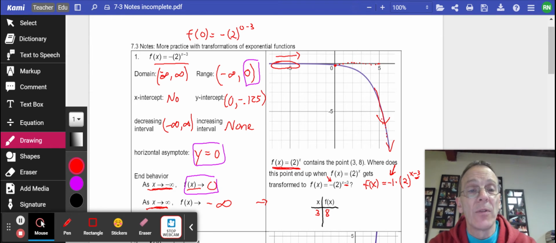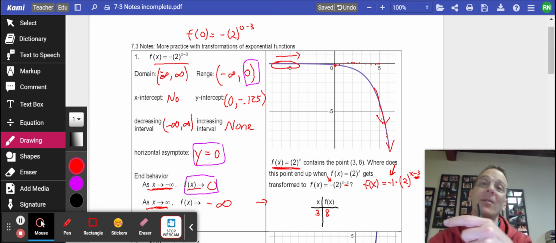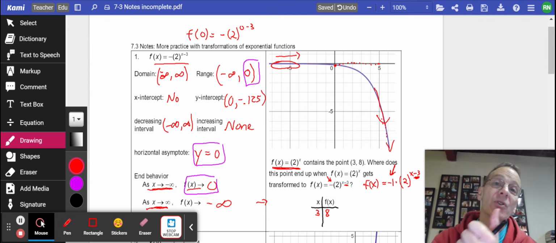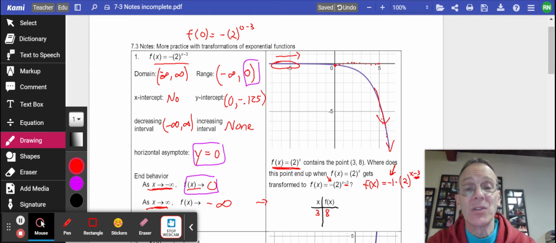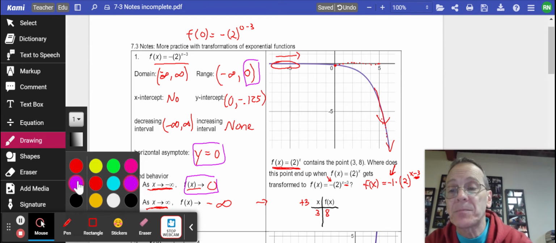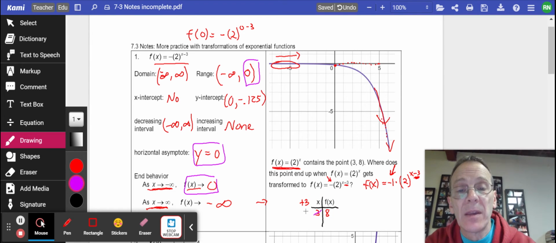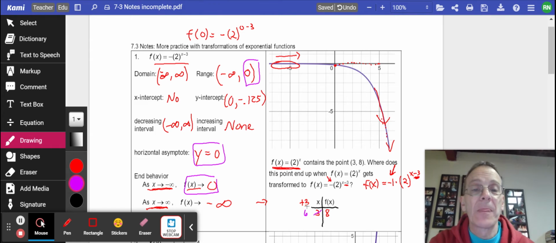Okay. Well, this -3 alongside the x, minus makes us think in the negative x direction, but we know the actual shift is always in the opposite direction from the way the sign would suggest. And so we're actually going to be adding 3 to all of our input values. So adding 3 to the 3 gives us 6.